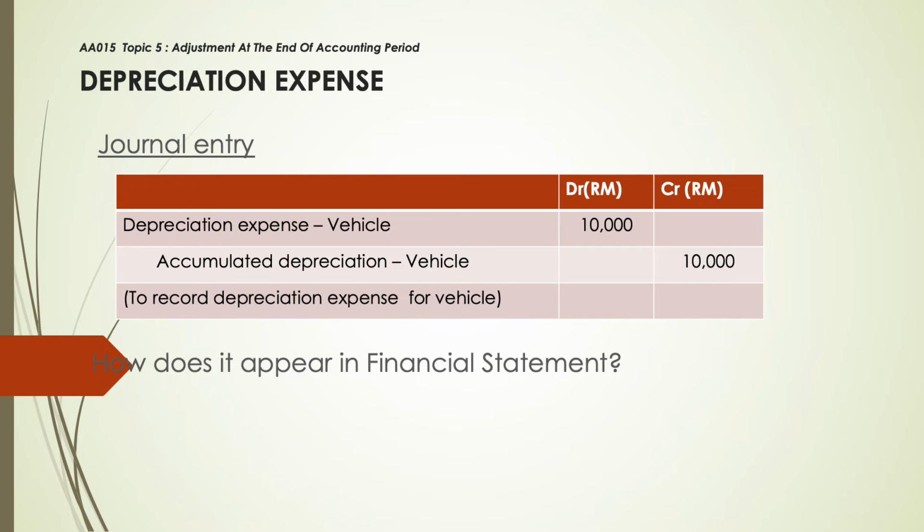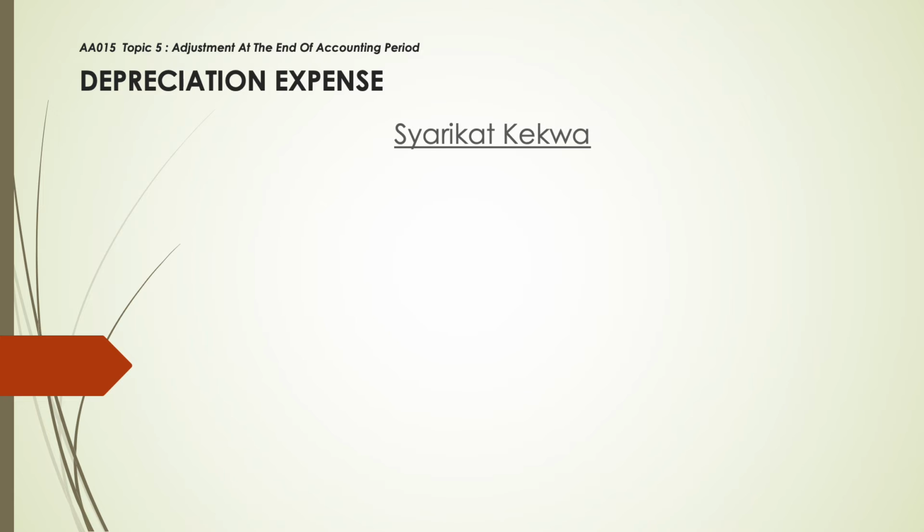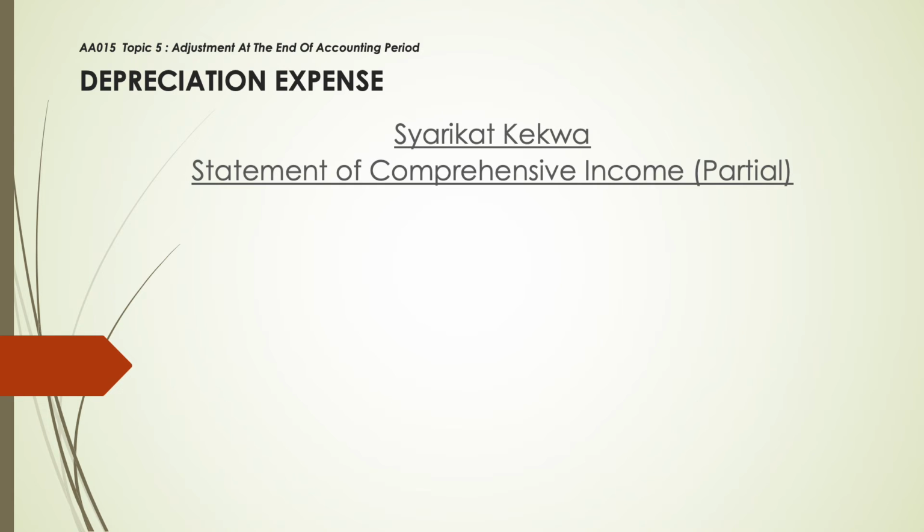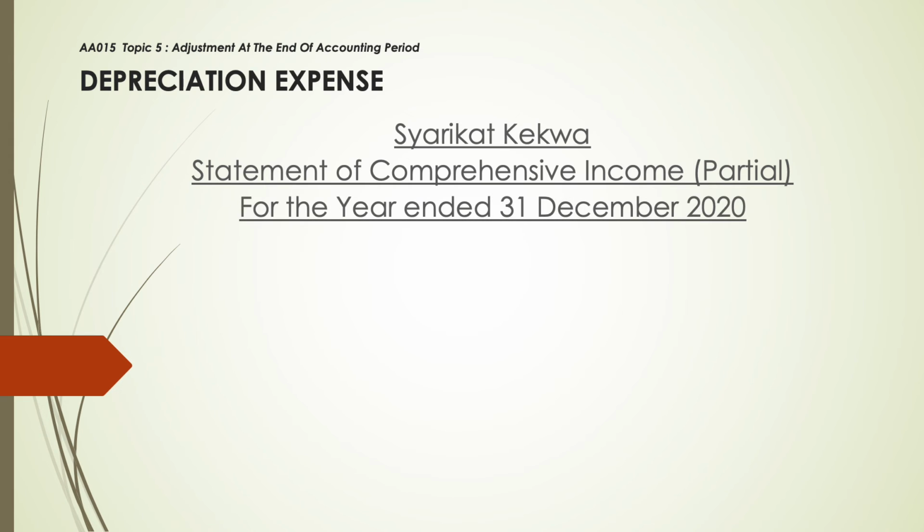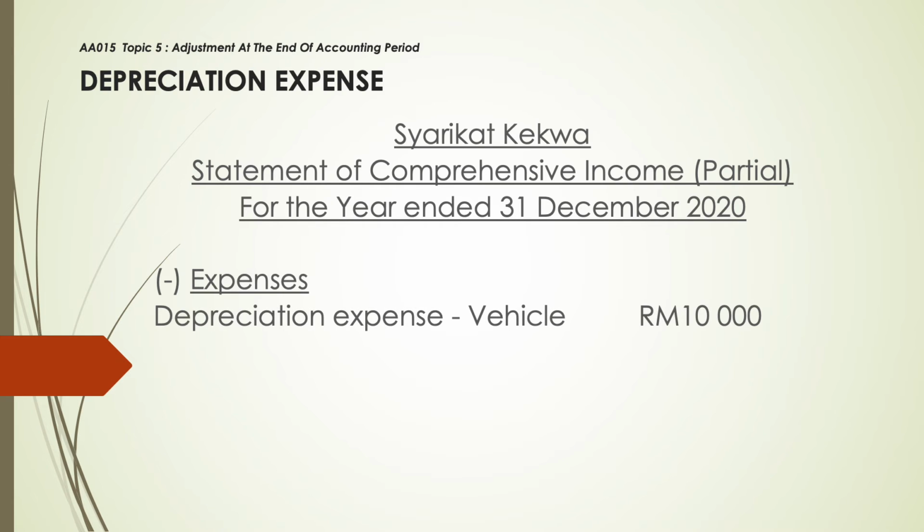How does it appear in financial statements? Syarikat Ketwa Statement of Comprehensive Income (partial) for the year ended 31st December 2020. Under expenses, depreciation expense vehicle 10,000 ringgit.